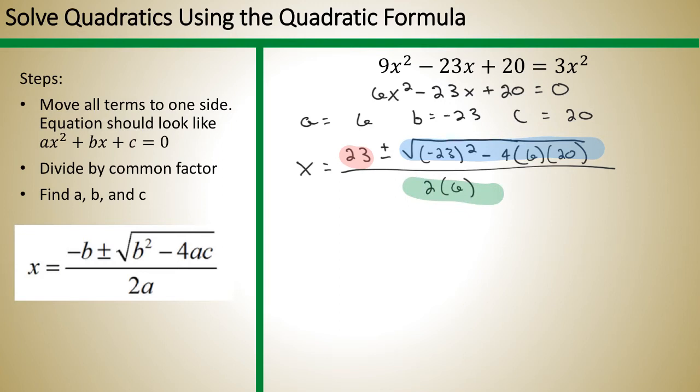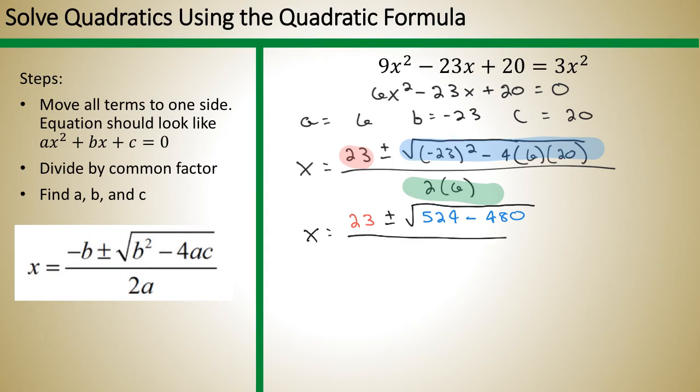So the first part is just 23. Then we have plus or minus the square root of, so 23 squared is going to be 529 minus 4 times 6 times 20, that's 480.